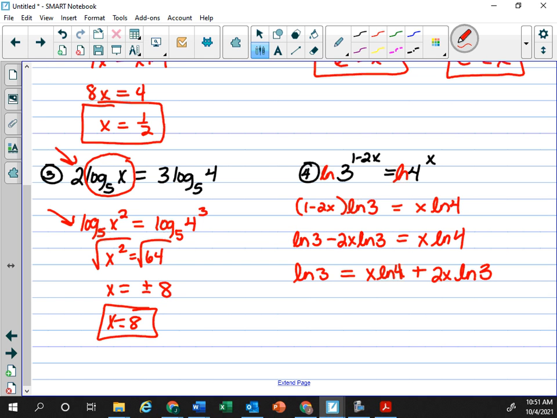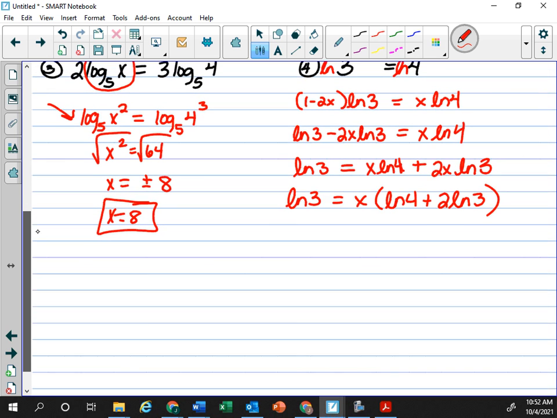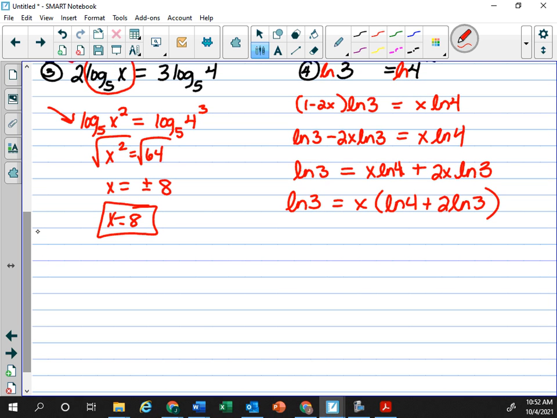All right. This is where you go, what am I solving for? X, okay. Could I factor an x out on the right side? Okay. So I'm left with natural log of 4 plus 2 natural log of 3. That just blow your mind a little bit. All right.